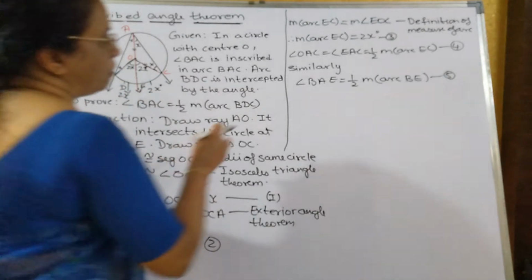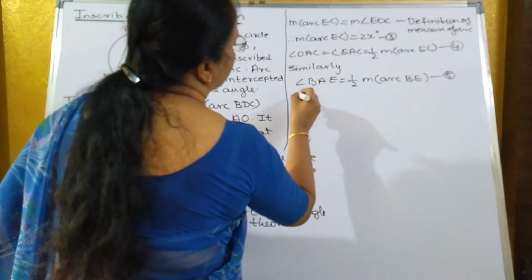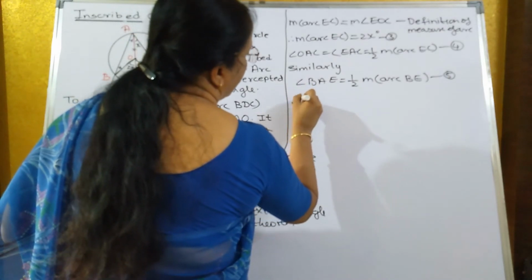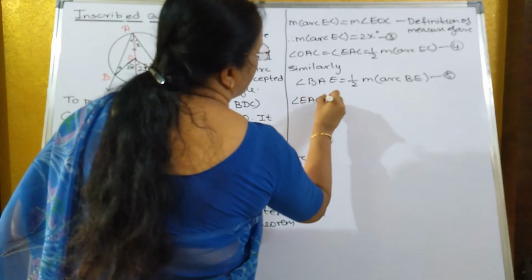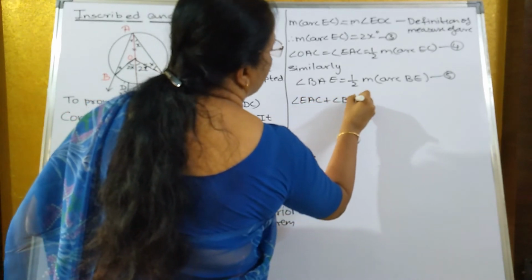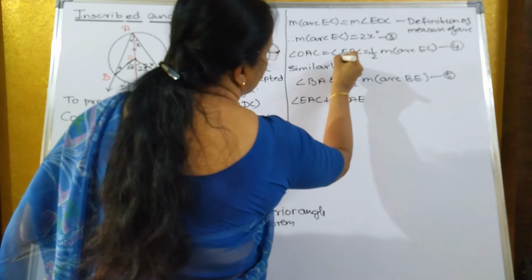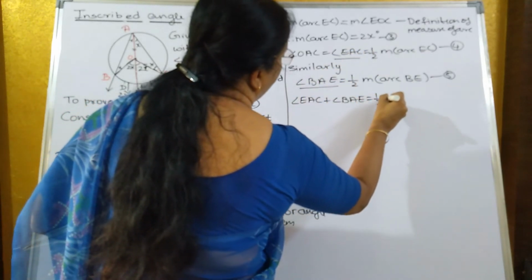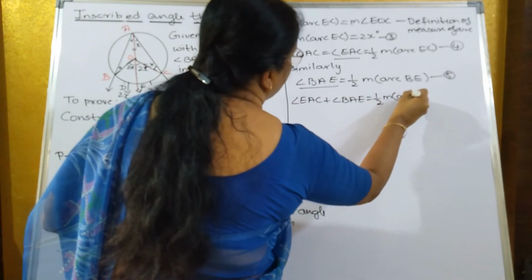Now when you add the fourth and the fifth one, what you will get? Angle EAC plus angle BAE, that is this one, is equal to half measure arc EC, over here we have what?